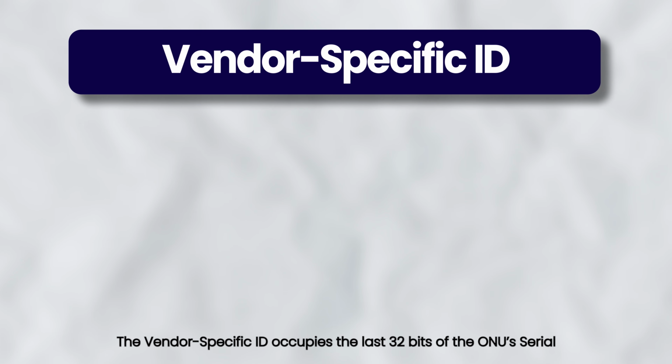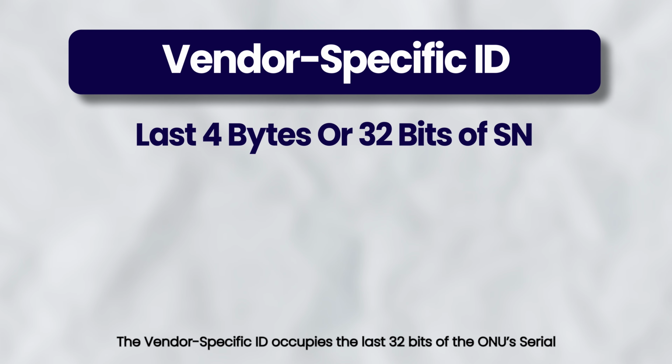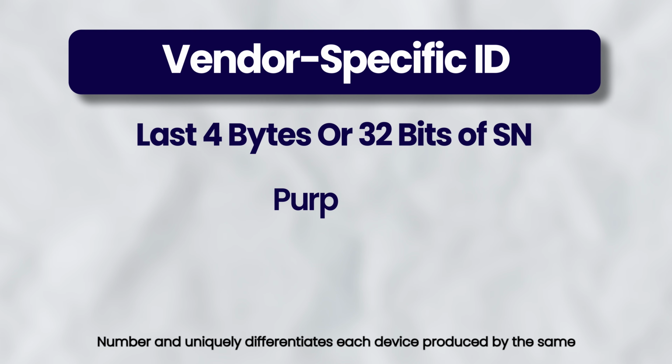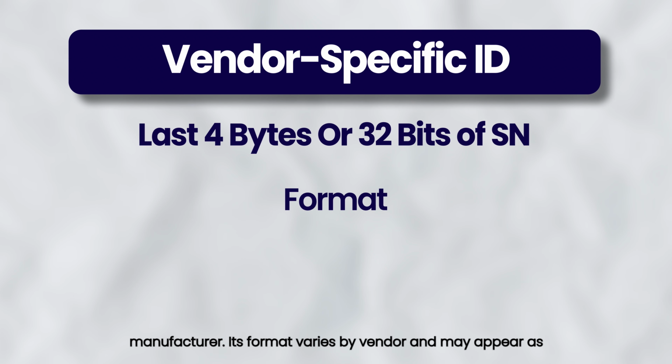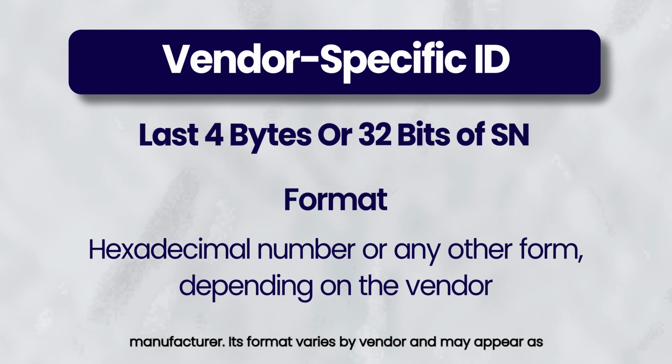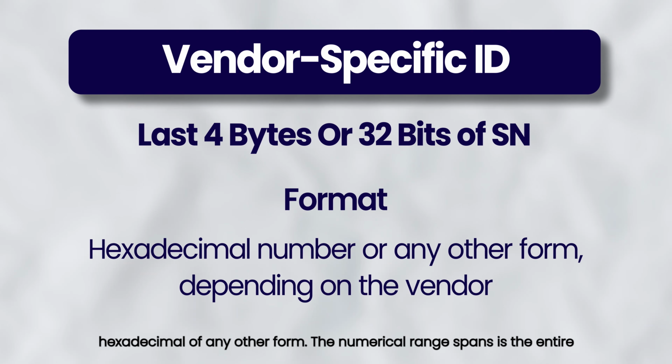The vendor-specific ID occupies the last 32 bits of the ONU's serial number and uniquely differentiates each device produced by the same manufacturer. Its format varies by vendor and may appear as hexadecimal or any other form.